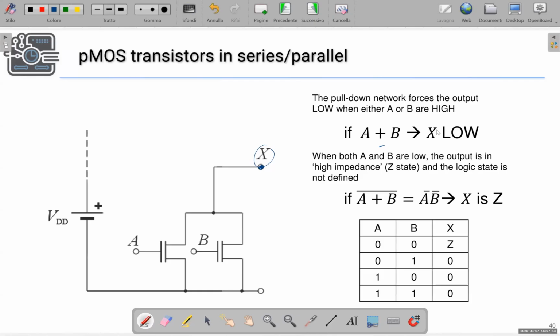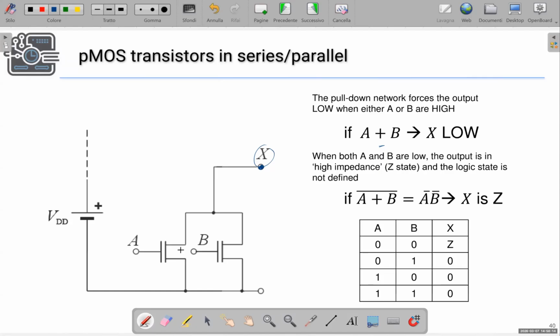It's interesting to observe that in the pull-down network we can just have NMOS switches, for the reason that we have already highlighted. NMOS switches are on when the corresponding logical variable is high.